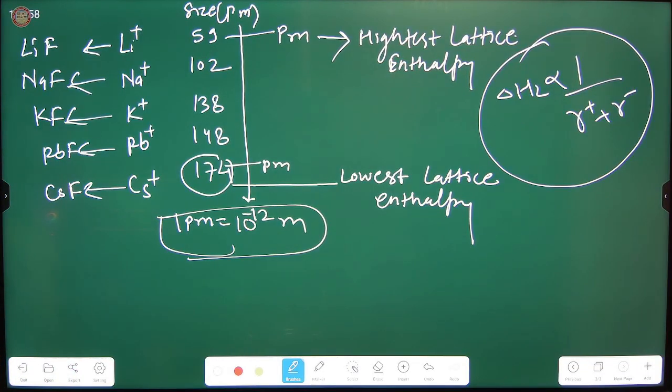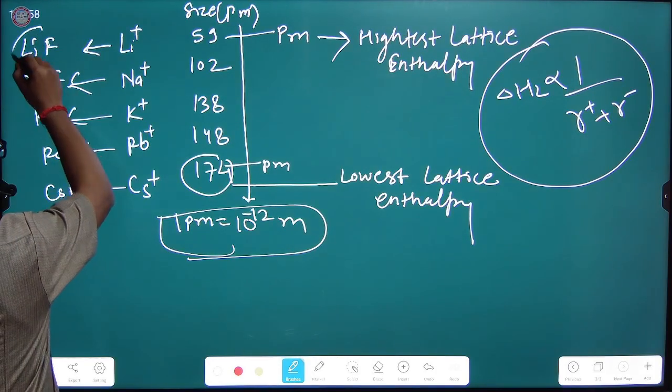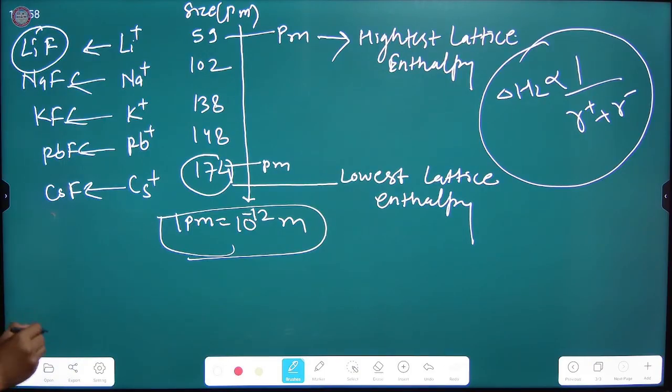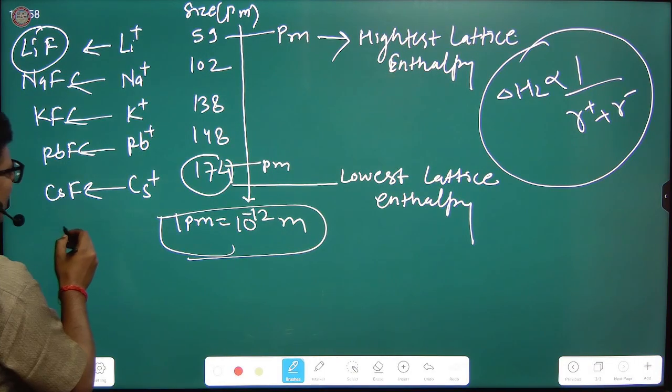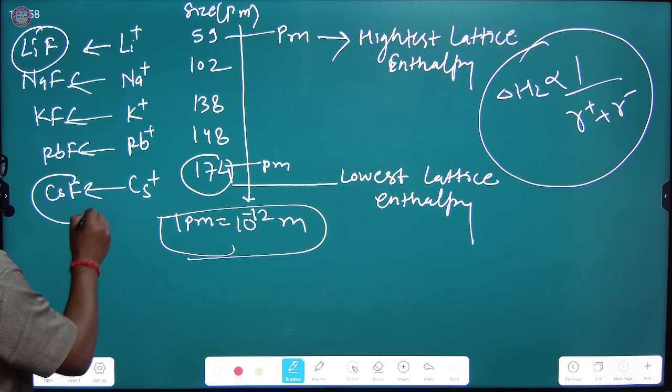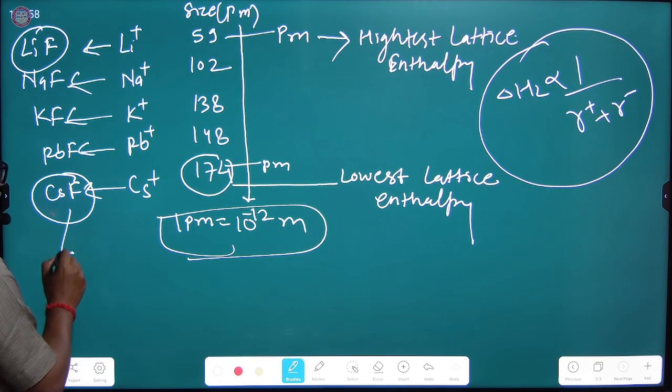If there is a lithium cation and fluoride anion, then the lattice enthalpy of this compound must be high, and the lattice enthalpy of cesium fluoride must be low.